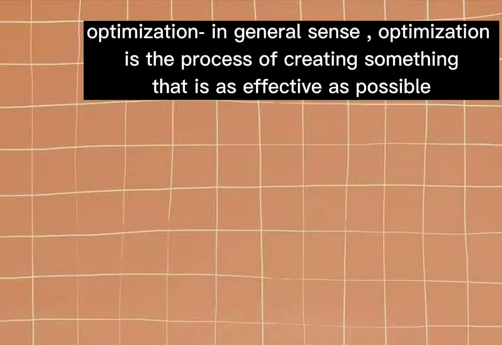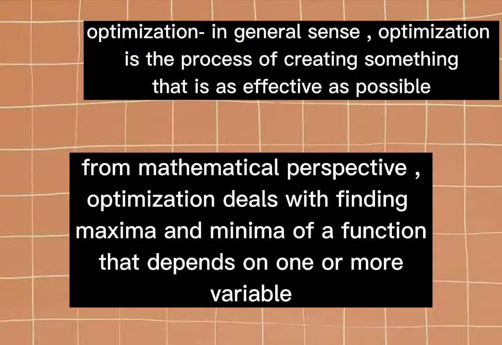Thus, engineers are always confronting optimization problems that attempt to balance performance and limitations. Also, from a mathematical perspective, optimization deals with finding the maxima and minima of a function that depends on one or more variables. The goal is to determine the values of the variables that yield maxima or minima for the function.